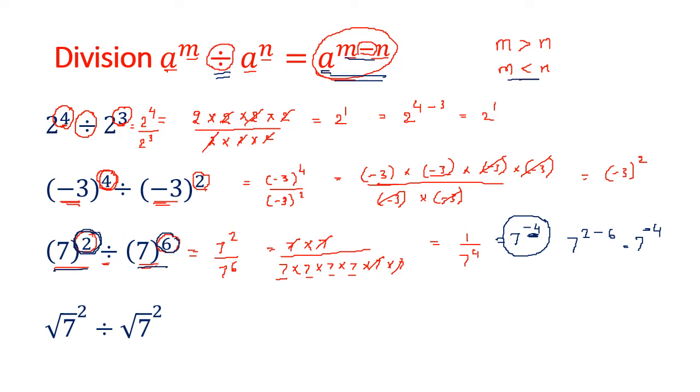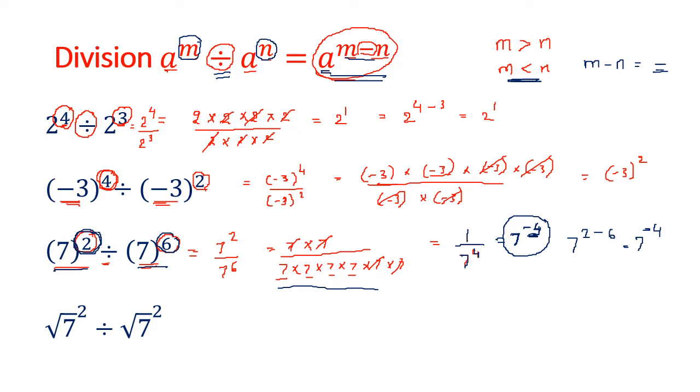Means when m is less than n, then if you do m minus n, you get a negative number. So 7 raised to minus 4 is what you get when the numerator is lesser than the denominator. But if I do the proper method, I get 1 upon 7 raised to 4.